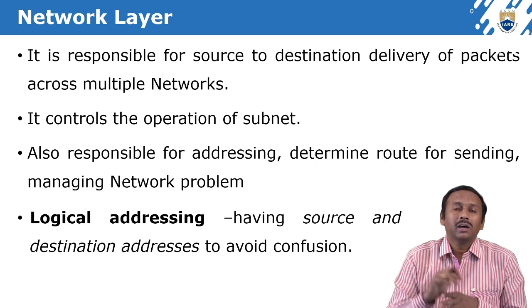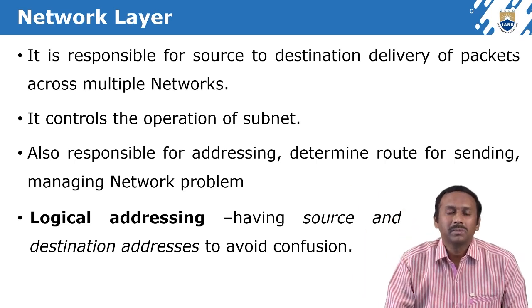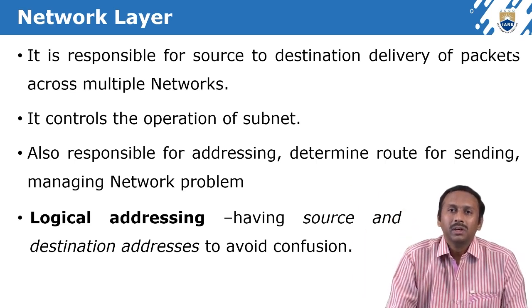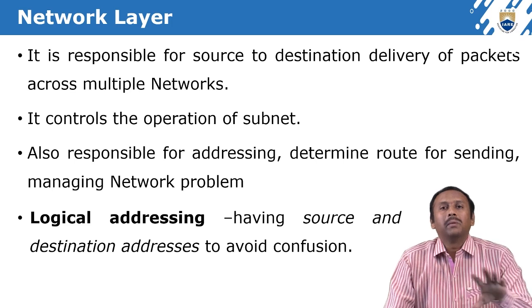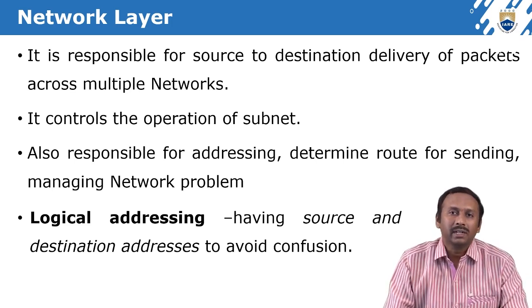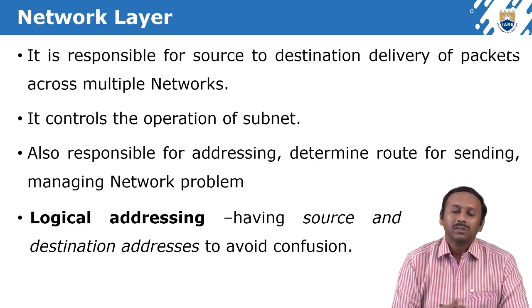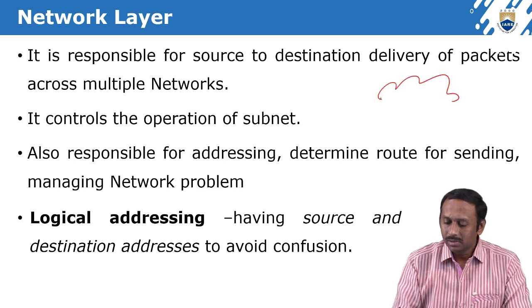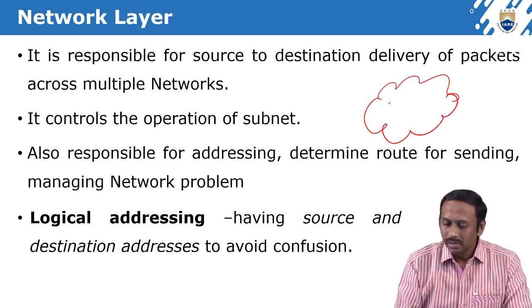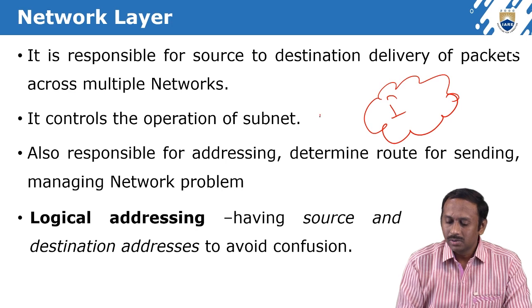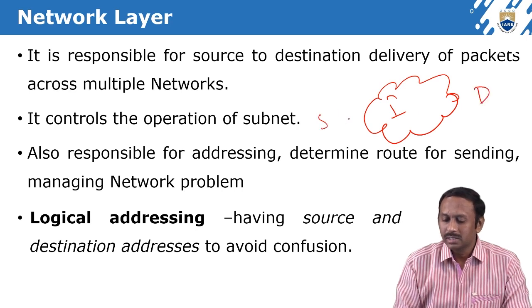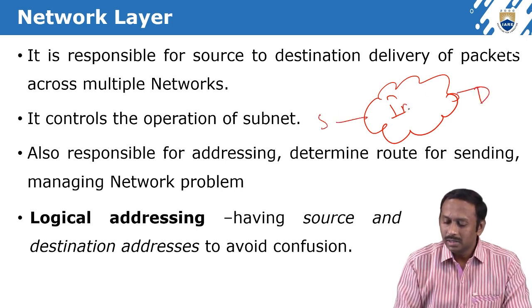We are in India and our friend is in another continent. How is that going to be possible? Assume this is the internet, with the source here and the destination person here.